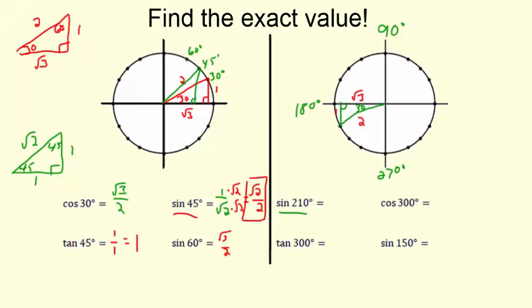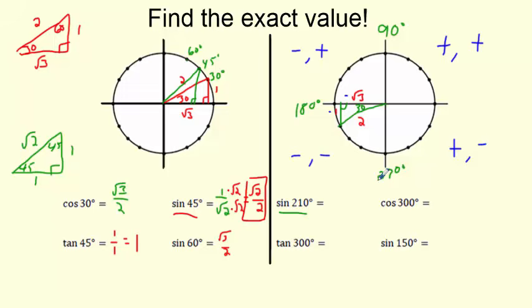But what are the signs here? So we have to be a little bit careful. This one is in the negative direction, so it's negative radical 3. This is negative 1. So if I actually want to find the sine of 210, I kind of have to draw it on this little thing with the little circle in there, just to make sure I'm in the right quadrant. So remember, this was positive, positive, negative, positive, negative, negative, positive, negative.